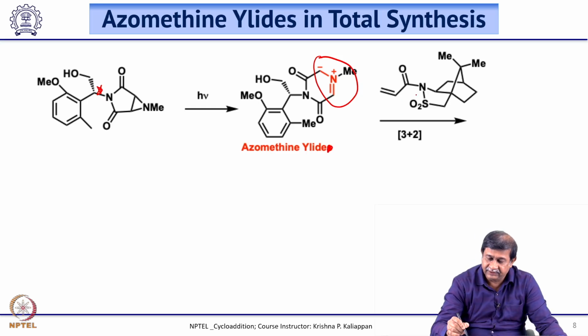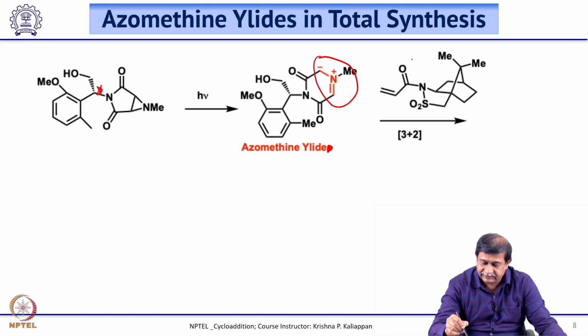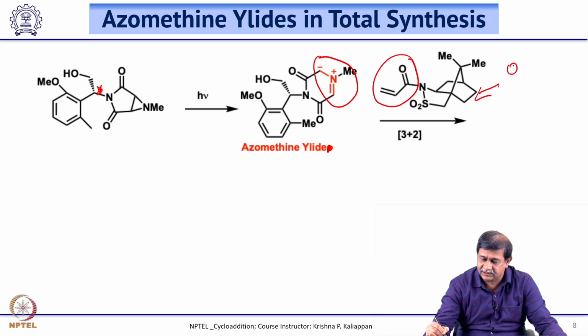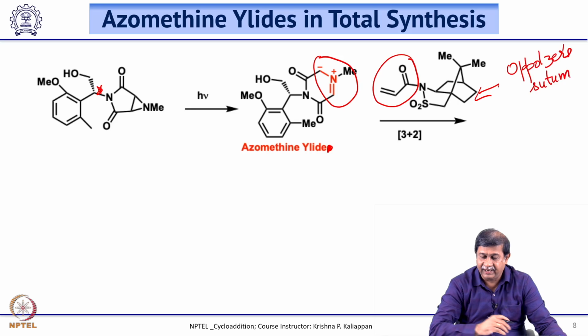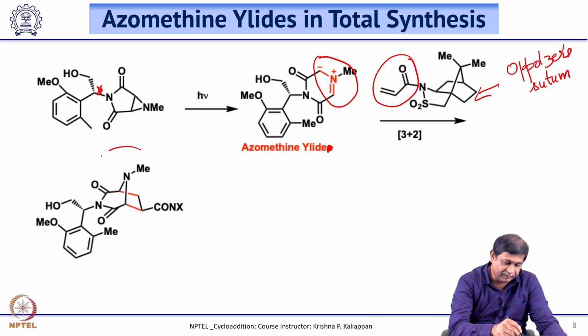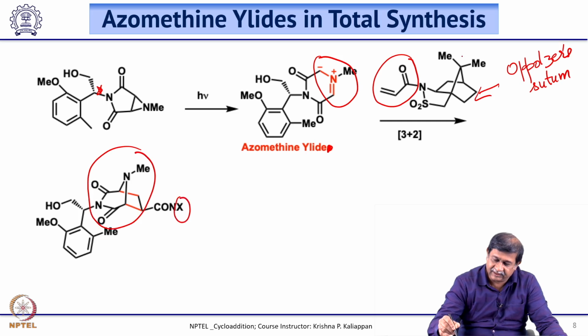See, for example, if you do a 1,3 dipolar cycloaddition with this alpha beta unsaturated system, which is attached to a chiral auxiliary. This is called Oppolzer's chiral auxiliary, Oppolzer's sultam, and this can undergo 1,3 dipolar cycloaddition to give this bicyclic compound. Here the X is the chiral auxiliary.